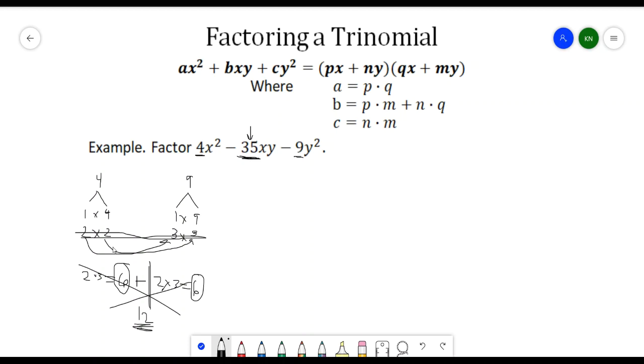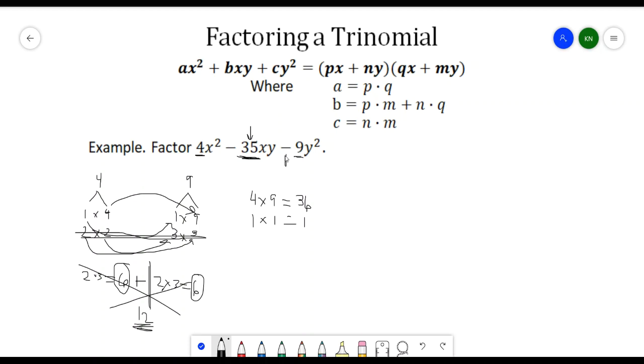So, if we try the first factor that we have, multiplying 4 by 9 and 1 by 1, 4 times 9 gives us 36. Now, if we multiply 1 by 1, that gives us 1. After seeing this, I think this would come closer to 35, right?